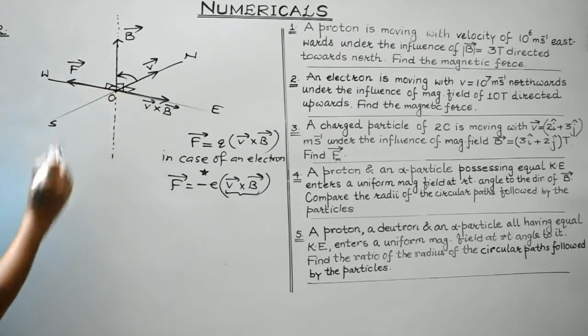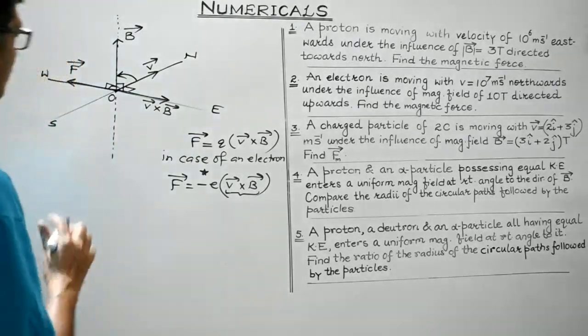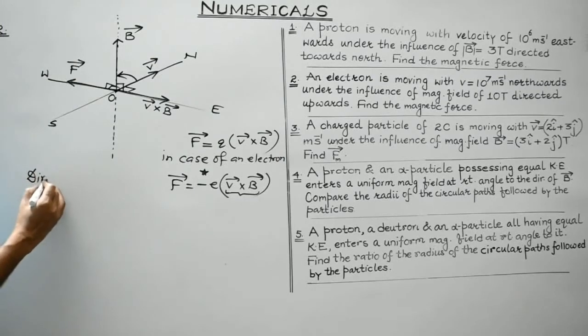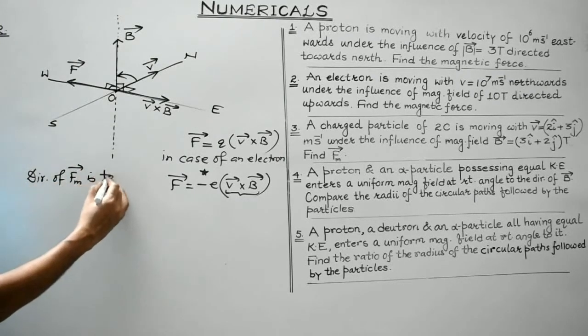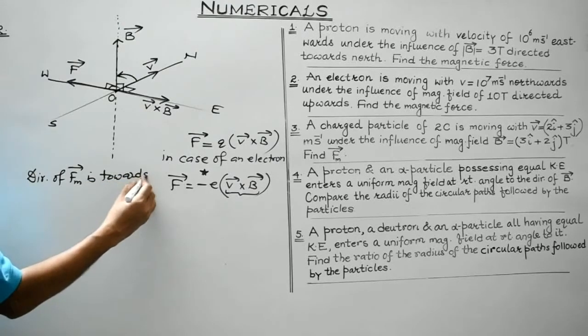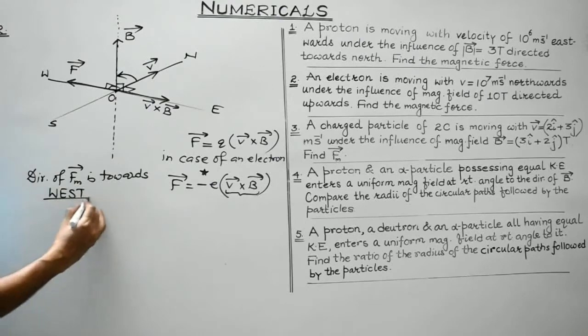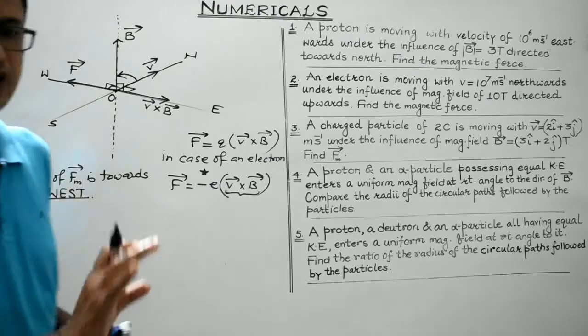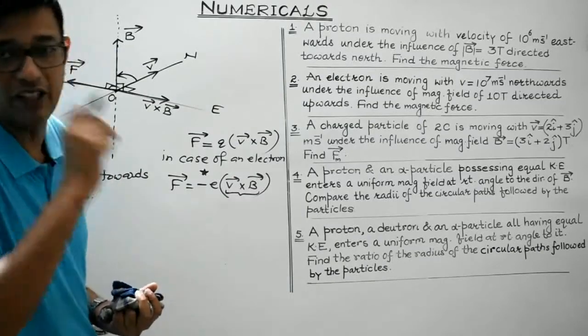Obviously, it should also be perpendicular to both the velocity vector as well as the magnetic field vector. So the direction of the magnetic force is towards west. So this is one part of the answer. Direction we have determined. The magnetic force is directed towards west, right?